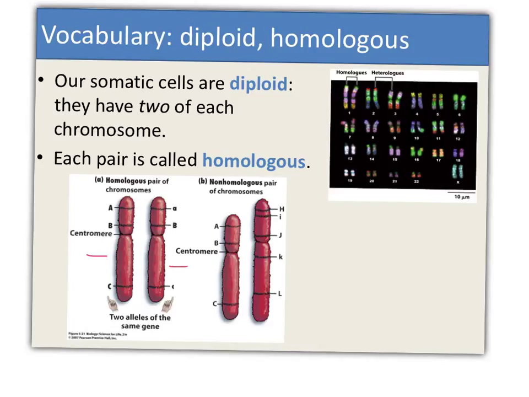You get one from each parent. Okay. And then non-homologous chromosomes.